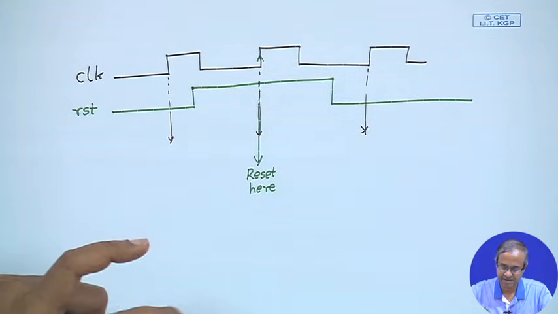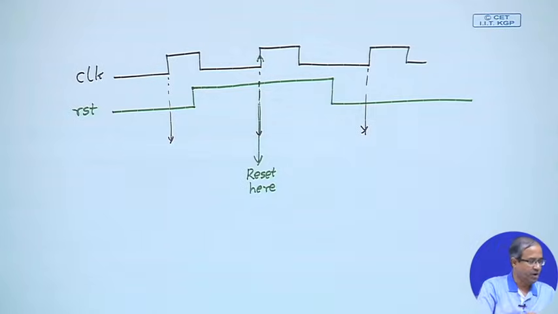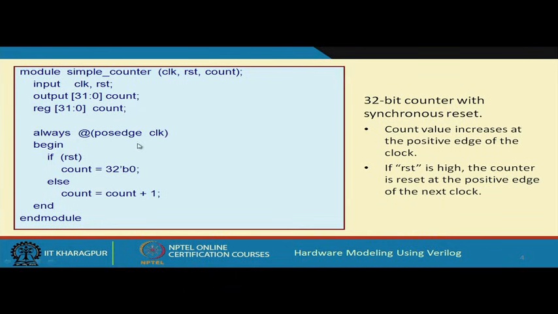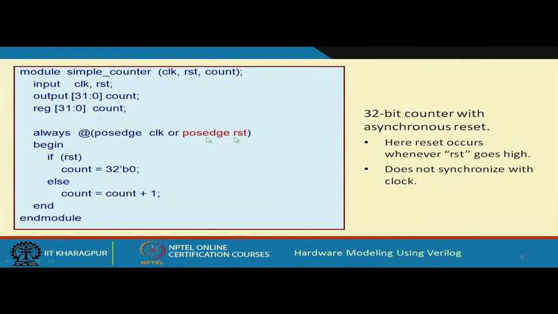So, our next design, which is a slight modification of this one, what we do? We change this always statement, we add another clause. We say always at positive edge of the clock or positive edge of reset.